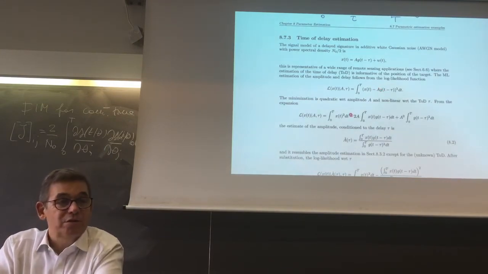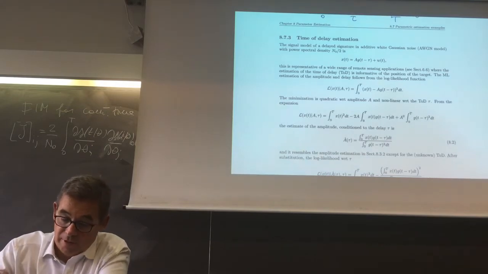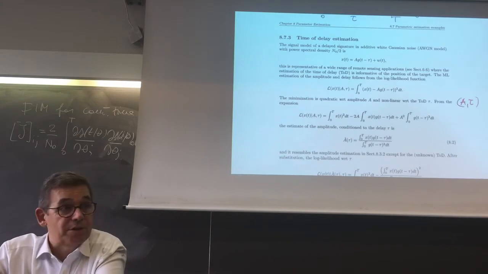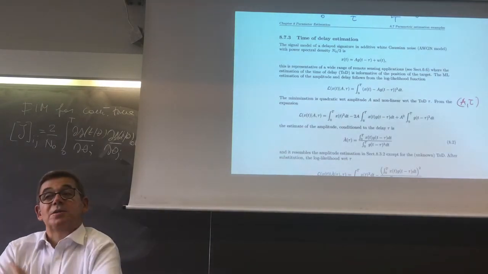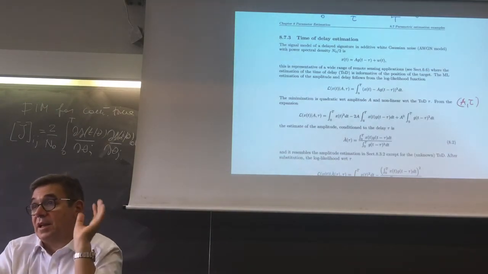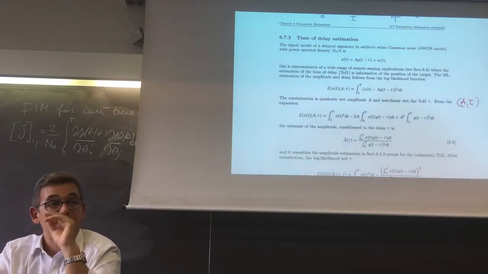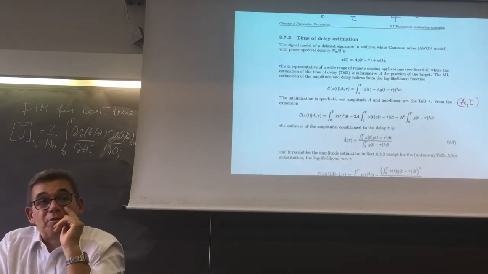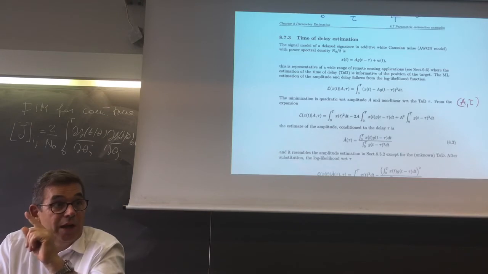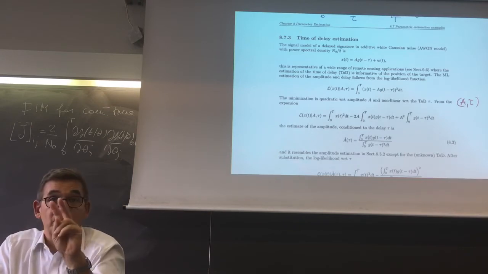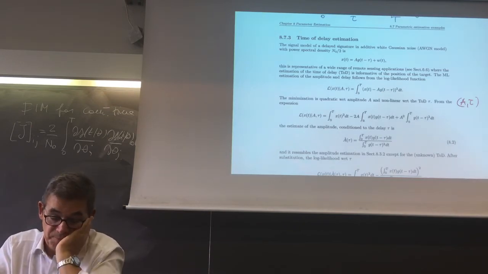Fine. Now let's assume that in this example, A and tau are parameters. So we are in an experiment where amplitude and delay are both parameters. We don't know if amplitude and delay are coupled or decoupled. They are both parameters.